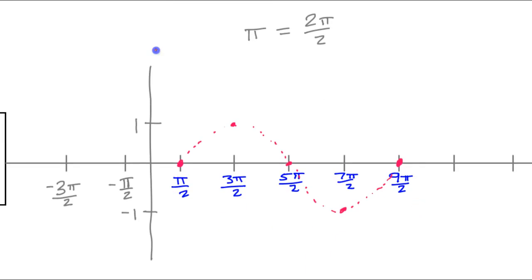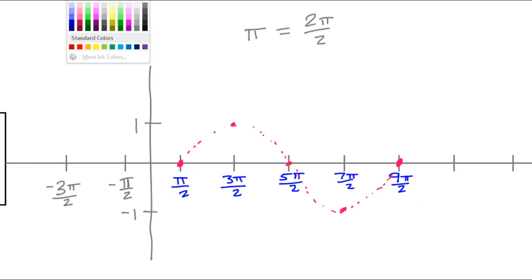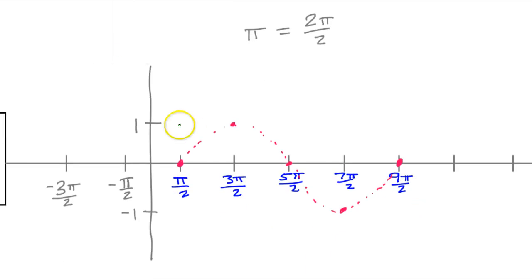So I'm going to draw vertical asymptotes right there, and I'm going to draw them as dotted lines. So we should have vertical asymptotes right here, okay, because sine is 0. And then I should have another vertical asymptote right here because sine is 0 here too. And sine is 0 here, so another vertical asymptote.